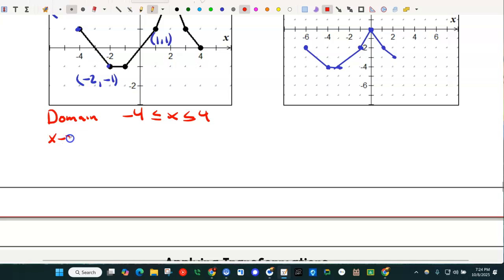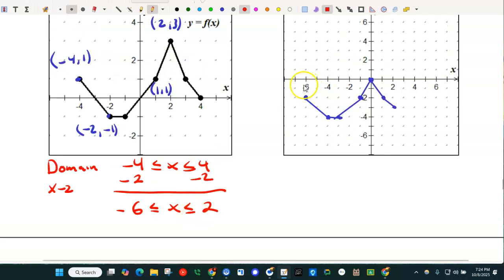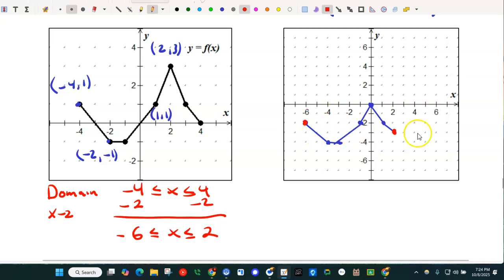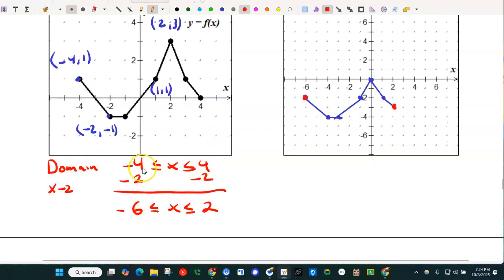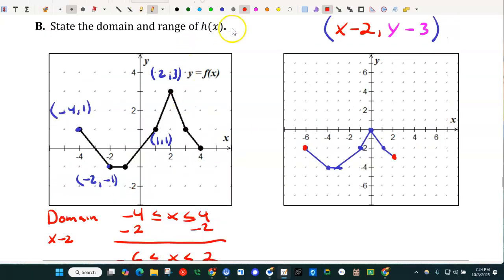Because we had x minus 2, we just subtract 2 from each one of these. So our new domain is actually going to be negative 6 to positive 2. And we can check this on the graph. It does start at negative 6 right here, and it does finish at positive 2. So we can do this both graphically and analytically with just using the numbers.